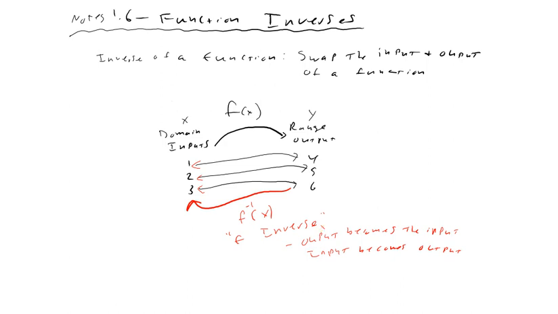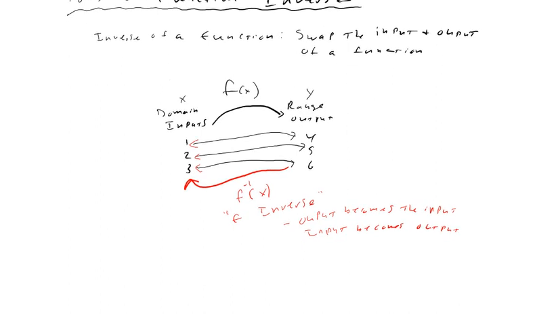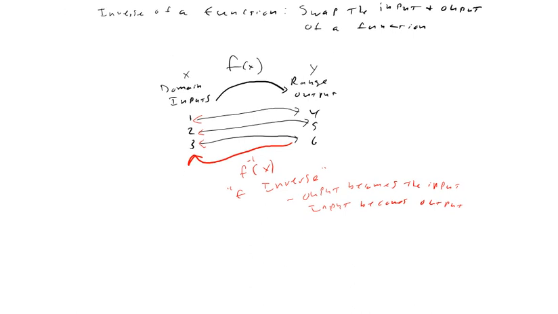Outputs become inputs, and inputs become outputs. So they swap places. What you're really doing is switching x and y. An inverse swaps x and y. They swap their order.